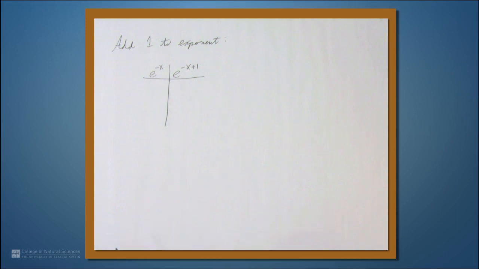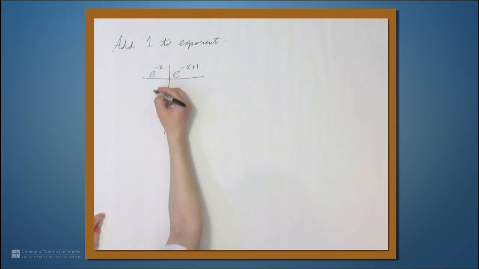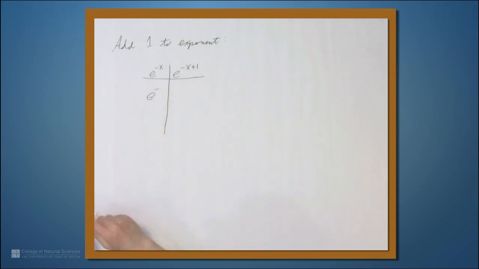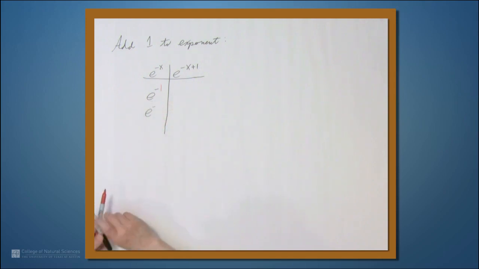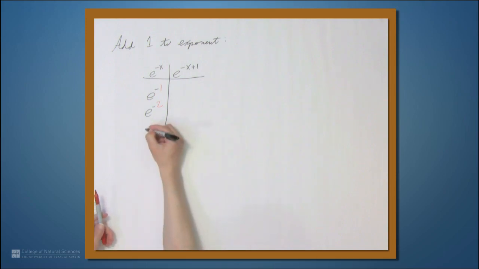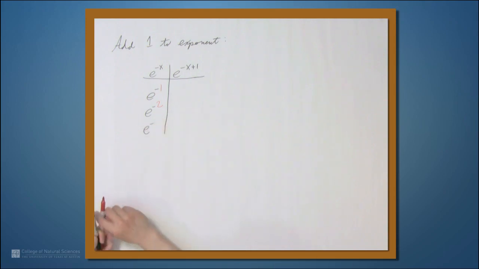This is the same as e to the 1 minus x. So if we plug in, let's say, 1, 2, and 3 to e to the negative x, we get e to the negative 1, we get e to the negative 2, and we get e to the negative 3. The x values are occurring in red here.